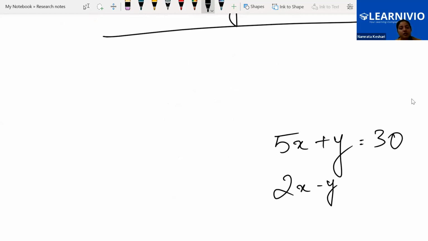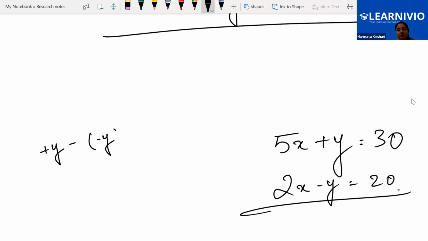If we have 5x plus y is equal to 30 and 2x minus y is equal to 20, Aisha, what can be done here? Subtract to eliminate y. Do we need to subtract, Aisha? Check it carefully. If you subtract plus y, you will subtract minus y from here.